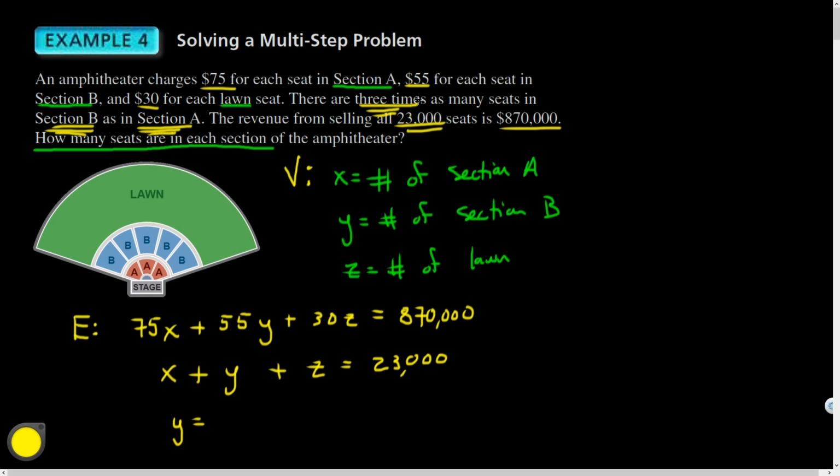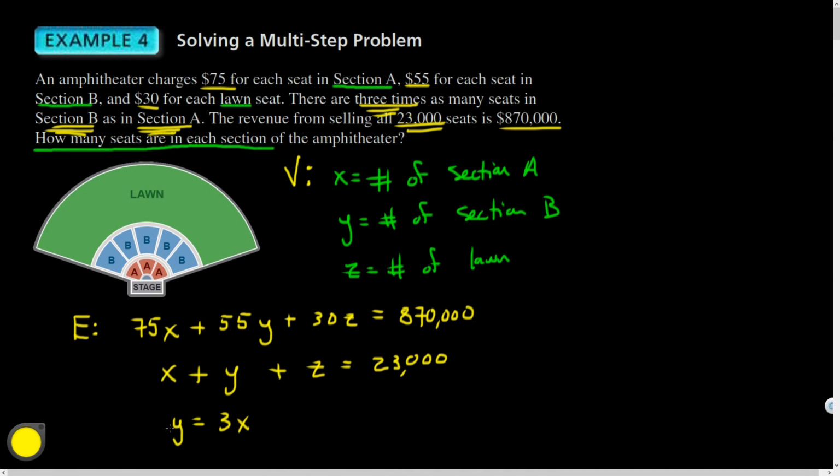And now it's easy to write this the wrong way. I could see and understand the temptation to write 3Y equals X. But the number of seats in section B is 3 times the number in section A. And so, yeah, be careful with that.